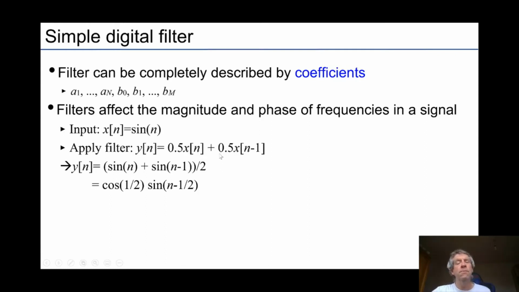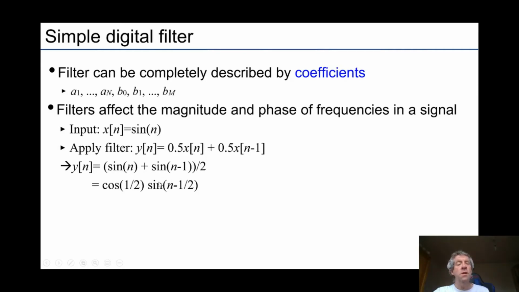A little bit of trigonometry says that this value right here can be rewritten in terms of cosine of this term n minus this term n minus 1, and sine of this term n plus this term n minus 1, where factors of 2's need to be included, and there's a 2 in front, but that cancels with the dividing by 2. So it looks like this. This is what the output is for that given input.